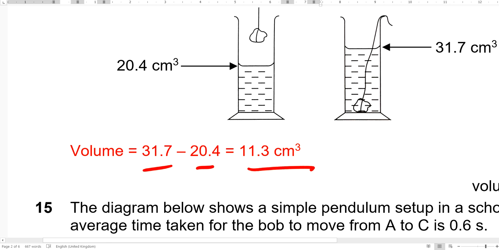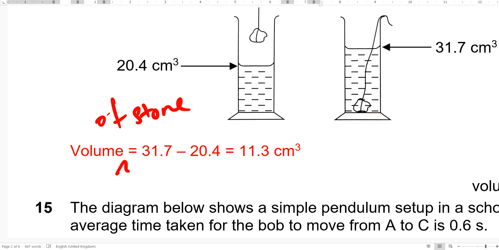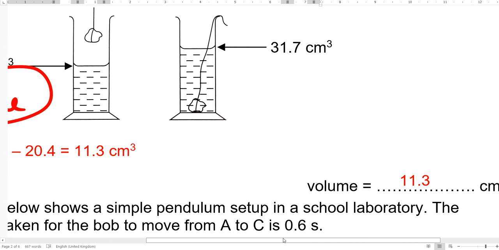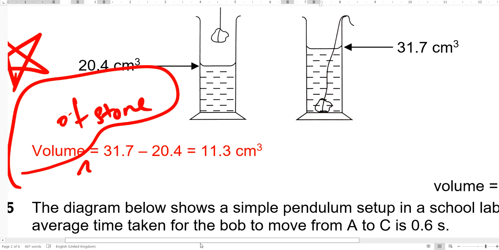If you want to be more precise, you can write volume of stone. So please make this a habit, including for your mathematics. Always have this part to help the marker know what you are doing. So volume, 11.3 cubic centimeters.